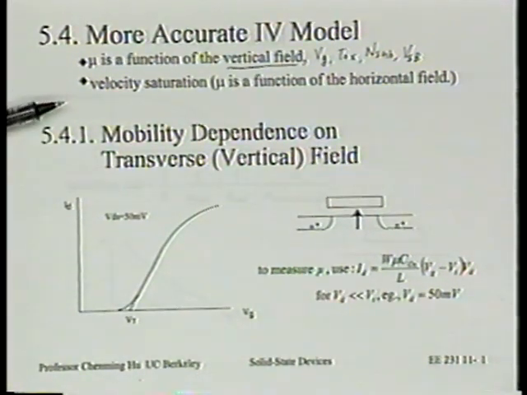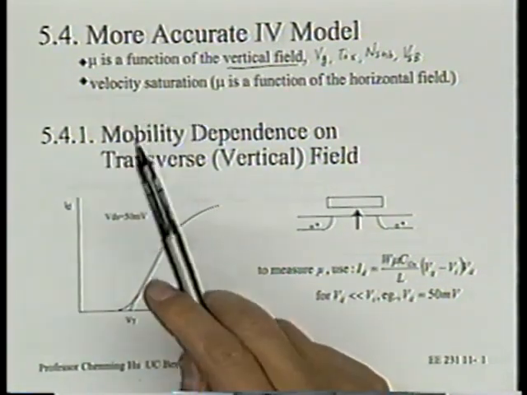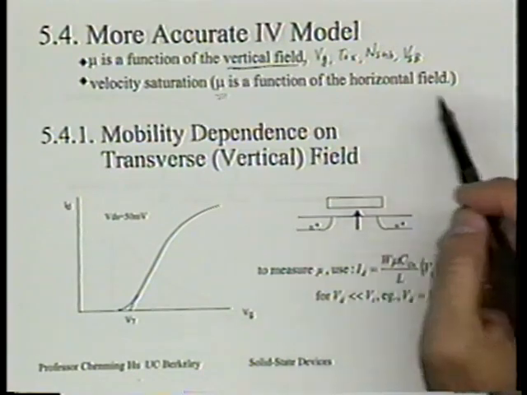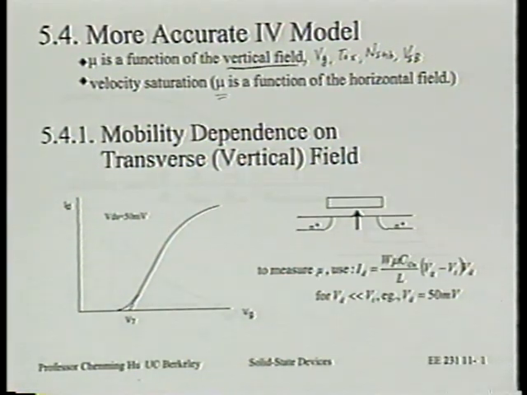In a similar fashion, we're going to talk about how to include velocity saturation phenomena into the IV model. And this term is not new to you, I believe. You have all heard this one time or another, something called velocity saturation. That is, the mobility is a function of the horizontal field, or mobility is not constant.